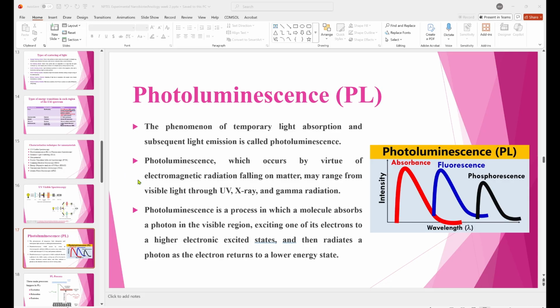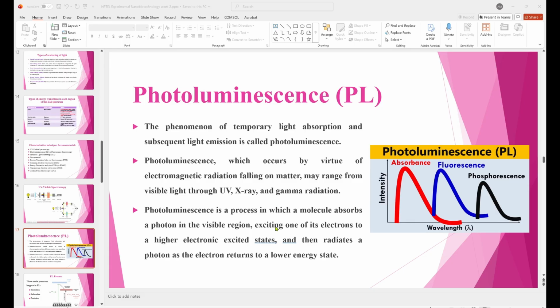Then this small arrow, step number 2, is your non-radiative decay, where it comes down to the lowest excited state, S1. And then from there, it comes back to the ground state, S0, by emitting a photon of higher wavelength.